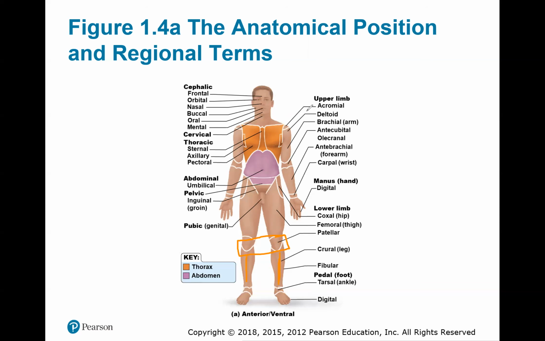And then finally moving to the foot, we discuss the pedal region. We'll have the tarsals for the ankles. Be careful, carpals are in the wrist. Tarsals are in the ankles. And then finally, again, for the toes, we talk about the digits or the digital region.